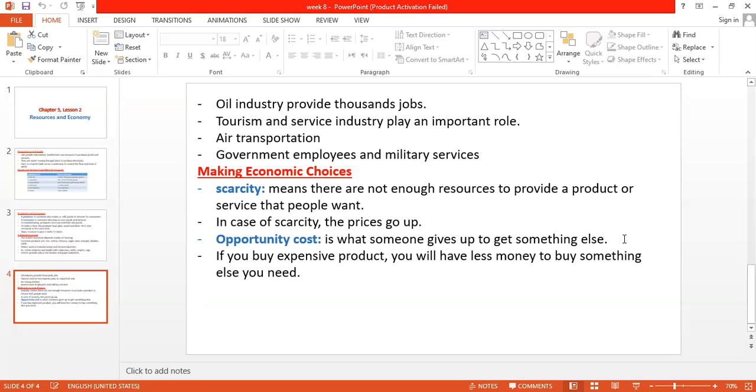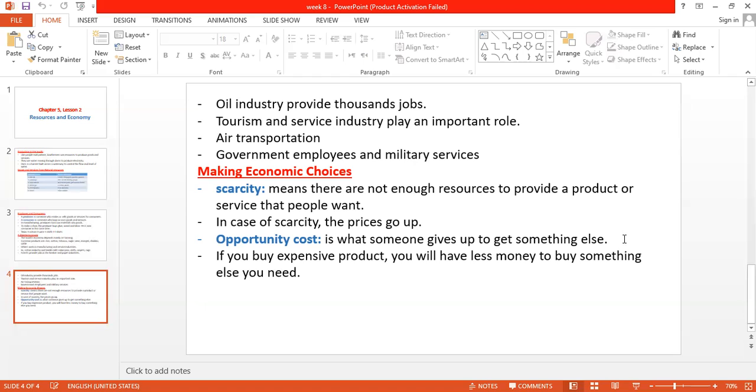Listen, guys. Now you have only $10, and you need, for example, to buy a face mask and to buy a pencil. The face mask costs $10 and the pencil costs $5, and you have only $10.